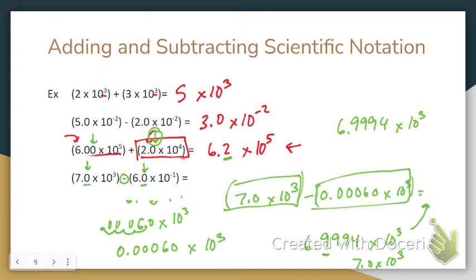I have to look at sig figs. Remember, when you're subtracting or adding, you look at the place values. The last place value is the tenth, so we're going to round to the tenth. This is a 9, but the next number is a 9, so 6.9 will round up to 7.0 times 10 to the third as your answer. Okay. All right. There's more practice as well here on the next slide.